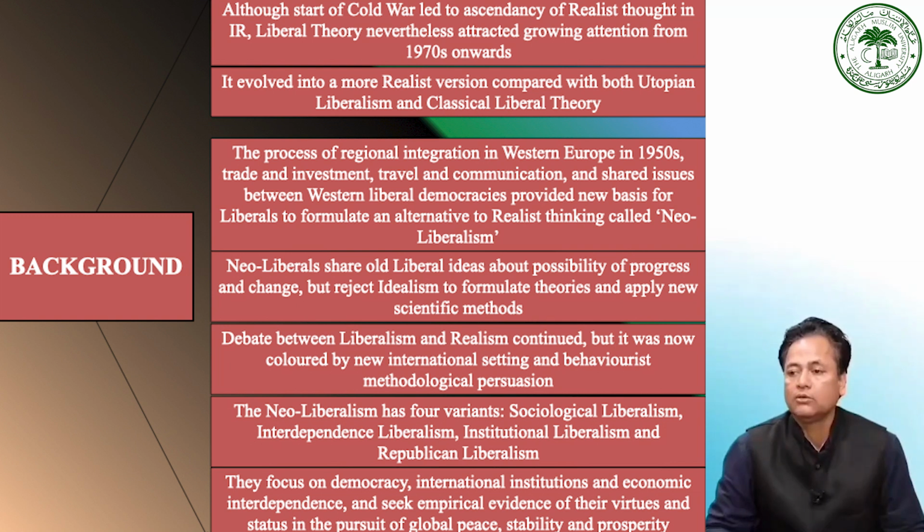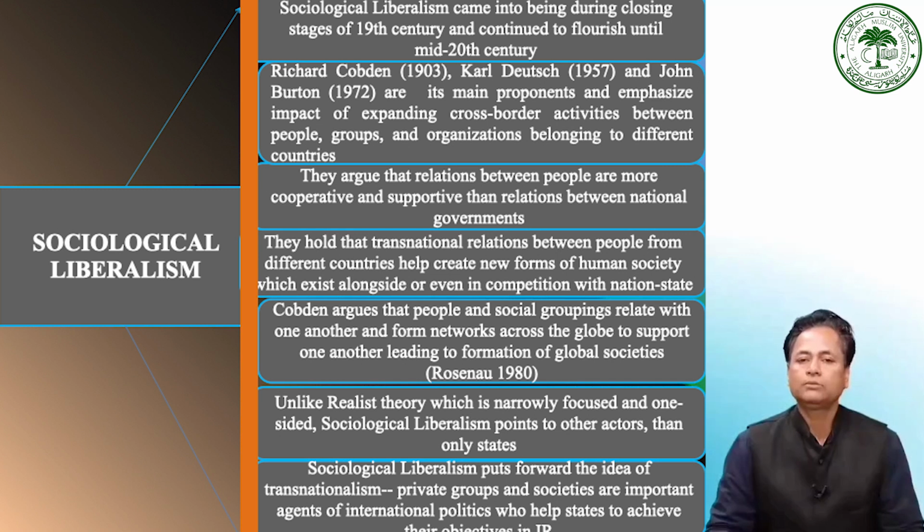So basically, we have four variants of neoliberalism, and these all combined focus on the issues of democracy, international institutions, and economic interdependence, because they think that these issues would greatly contribute to the betterment of global peace, stability, and prosperity.